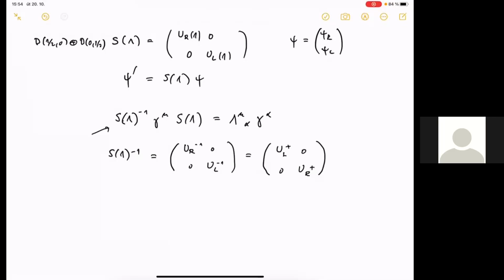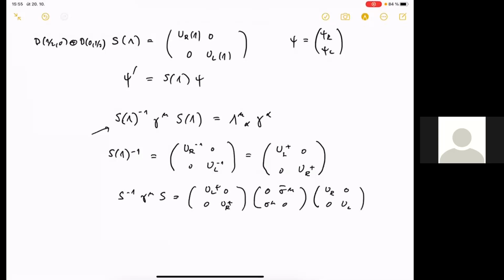So we get that this S to the minus 1 gamma mu S is just UL cross, 0, 0, UR cross, and the gamma mu's are 0, sigma mu, sigma bar mu, and 0. And here is the S matrix, that means UR, 0, 0, and UL. Now, making the calculation, first we multiply these matrices.